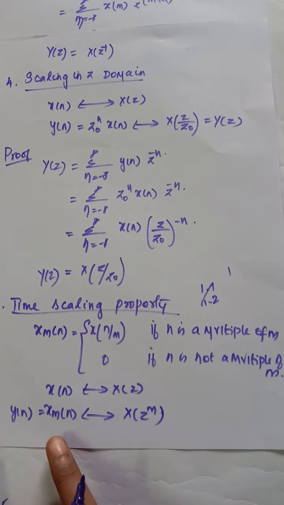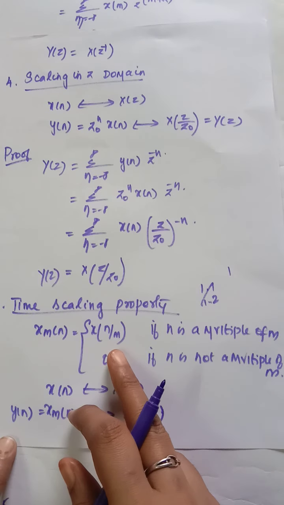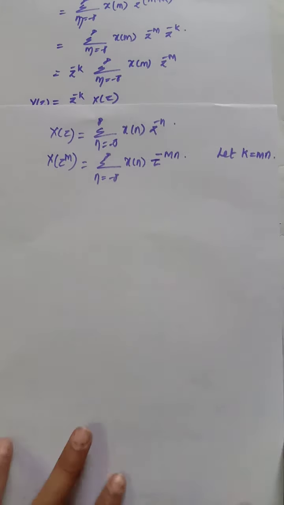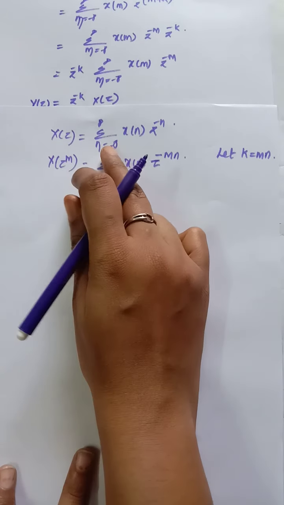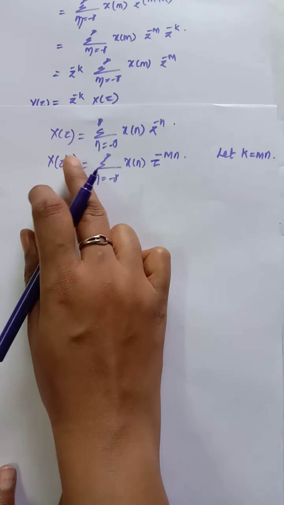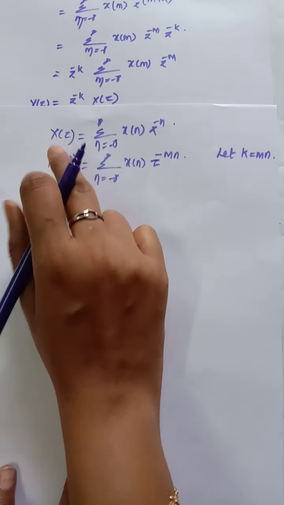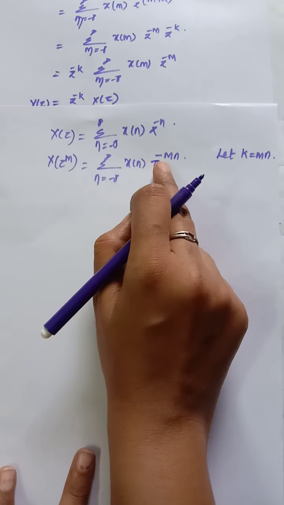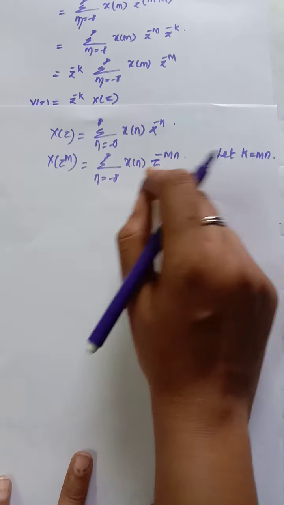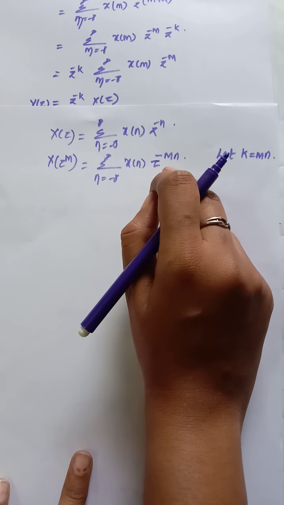Now I am going to prove this. X of z is equal to summation, same thing. Here I am going to write z power m, so wherever I am having z, I am replacing it by z power m. So replacing z by z power m, I will get z power minus mn.